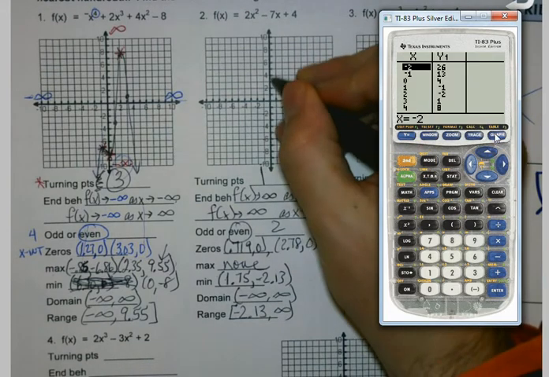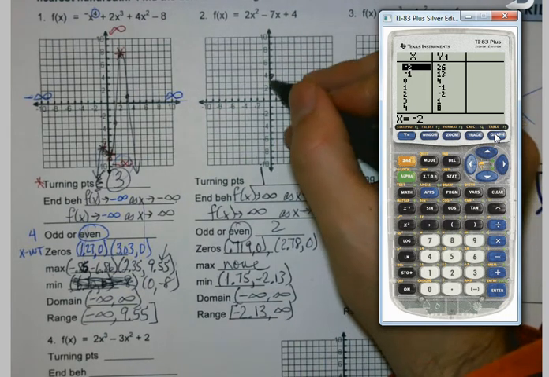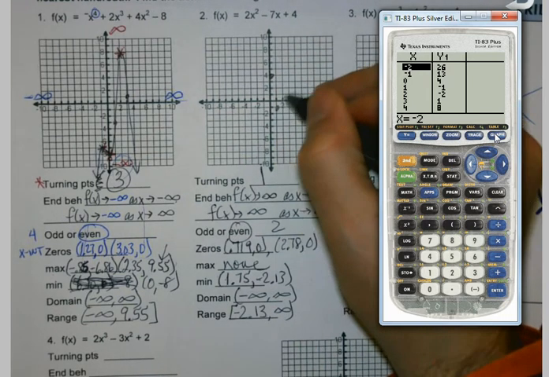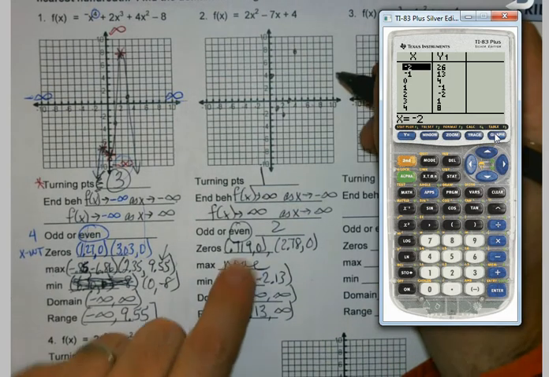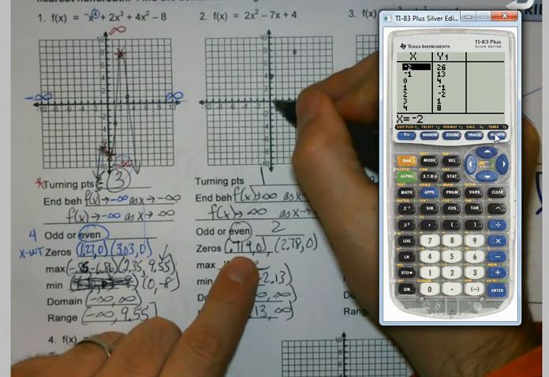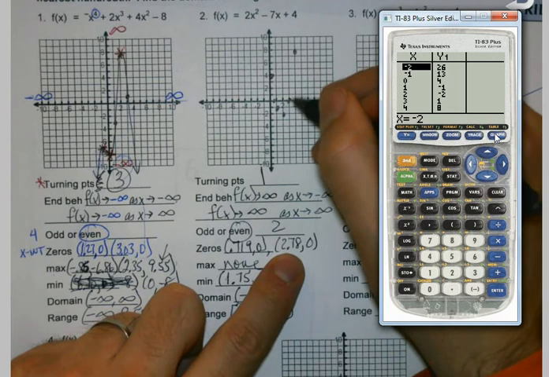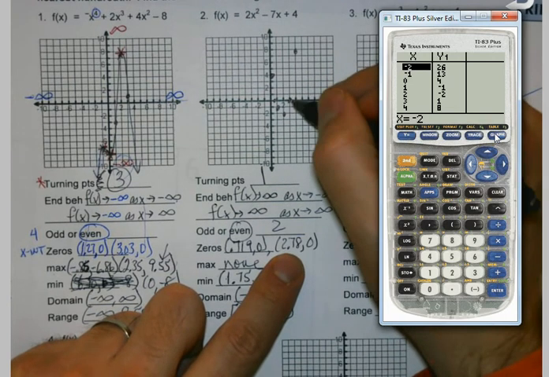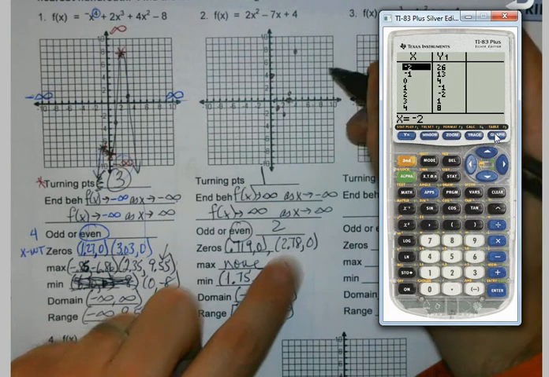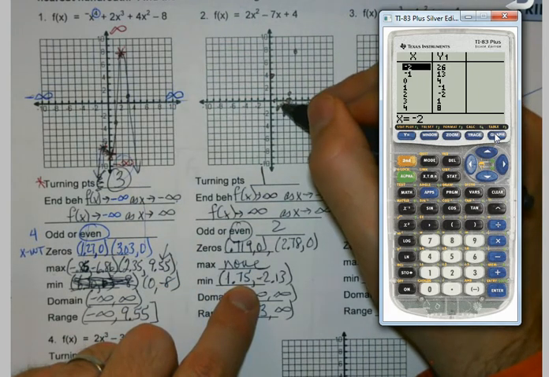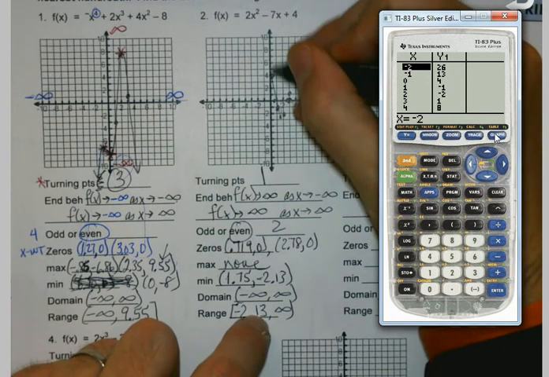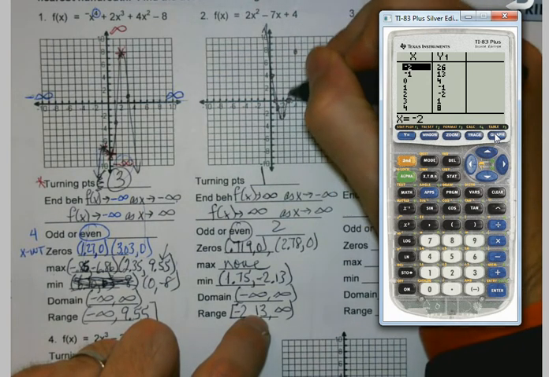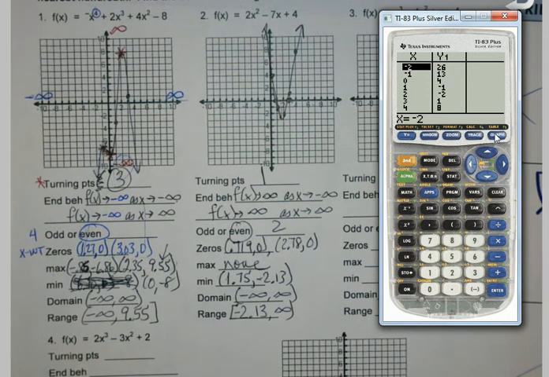I still would plot my points that I can get off of here, but now I also have some points that are available to me, maybe at my zeros here, to give myself a little more accurate of a parabola.